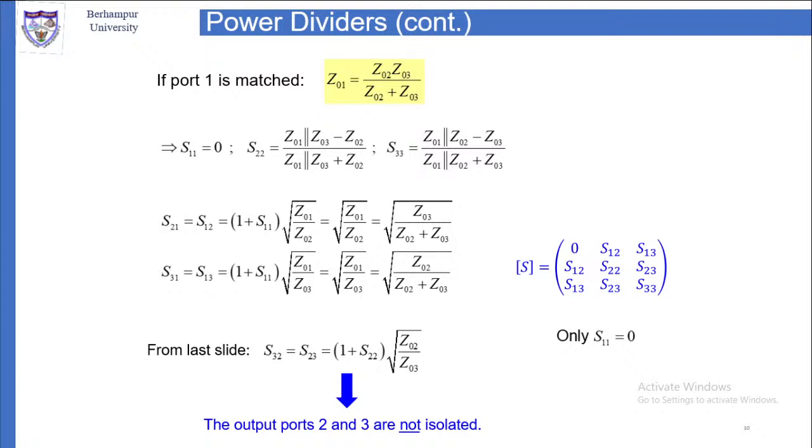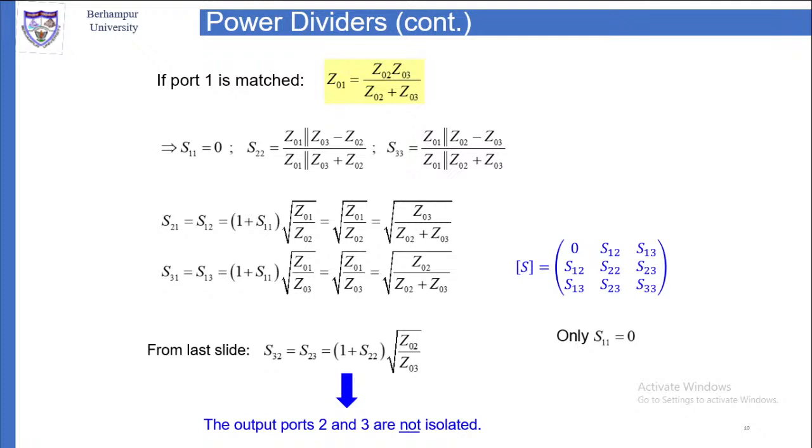Also, we have seen this S21 is equal to S12 is equal to 1 plus S11 root over of Z01 by Z02. That we can write as root over of Z01 by Z02 because S11 is equal to 0 under the matching of port 1.